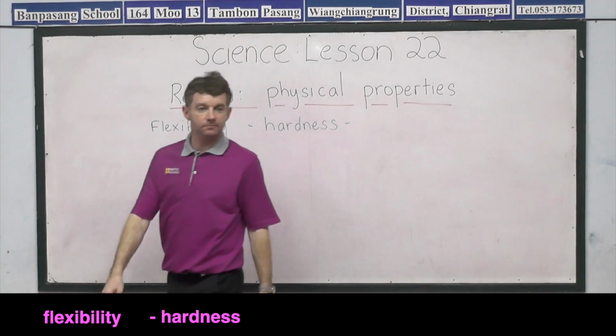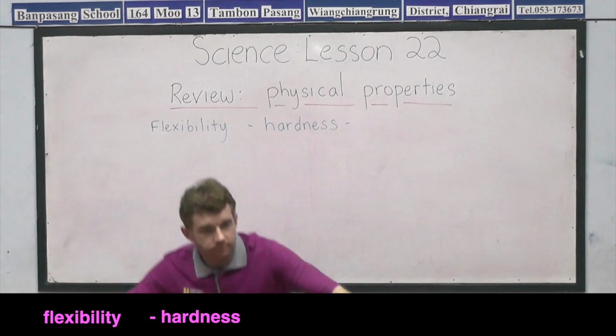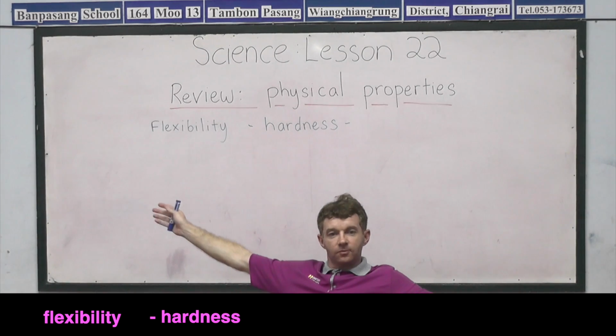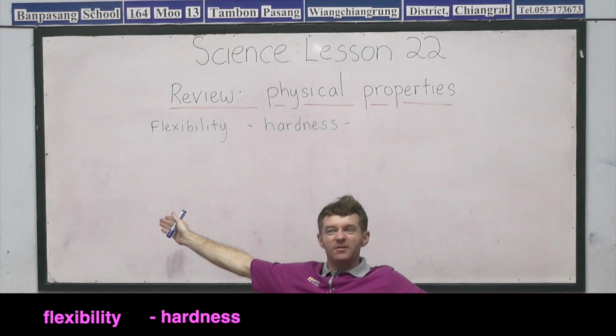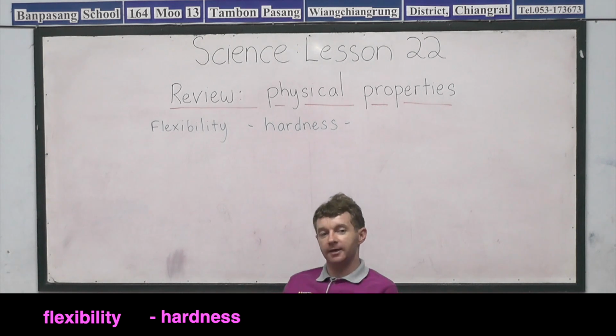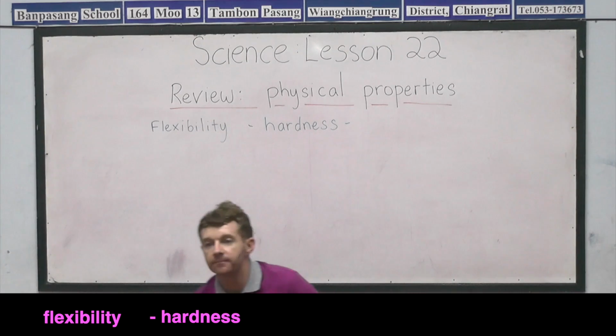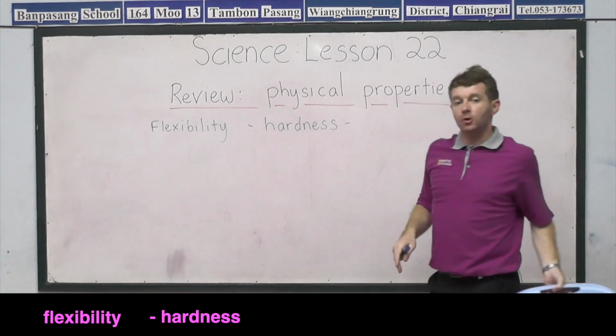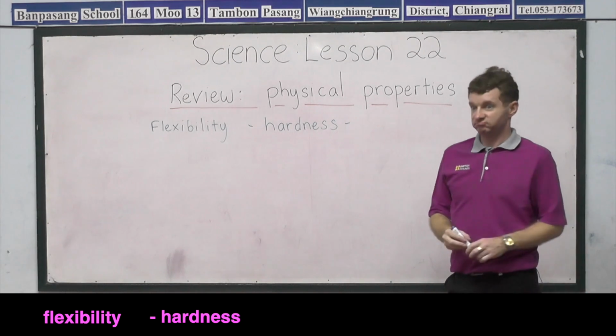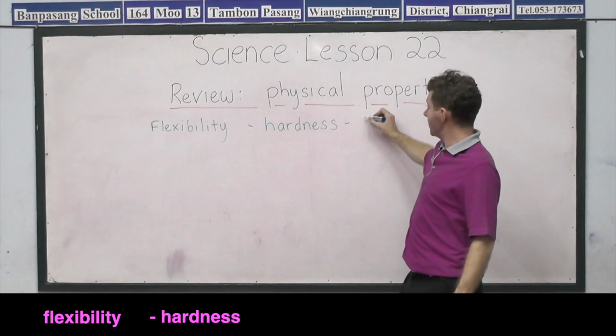What is this? Did it break? No. Is it weak? No. So if it's not weak, what's the opposite of weak? Strong. So what can we say about this chair? It's strong, and when we talk about physical strength, we use the word strength.